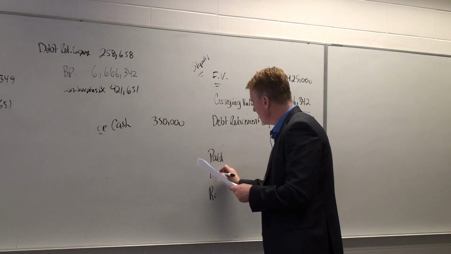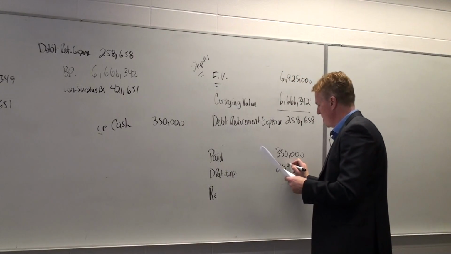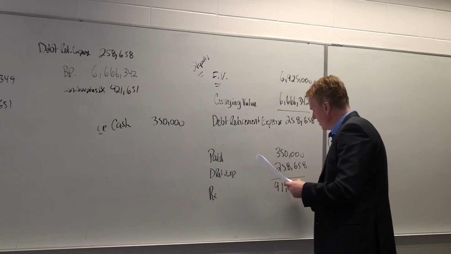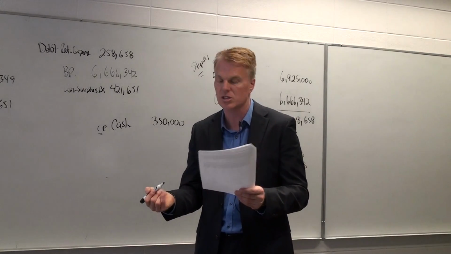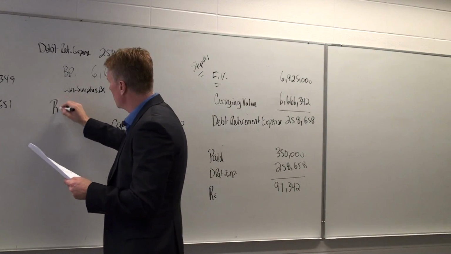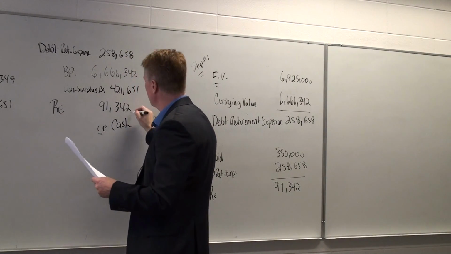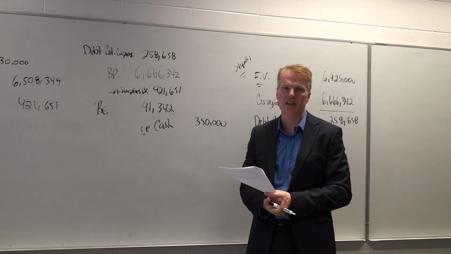Our debt retirement expense was $258,658. So the amount that we pay out of retained earnings, the portion attributable to the options, $91,342. So retained earnings, $91,342.